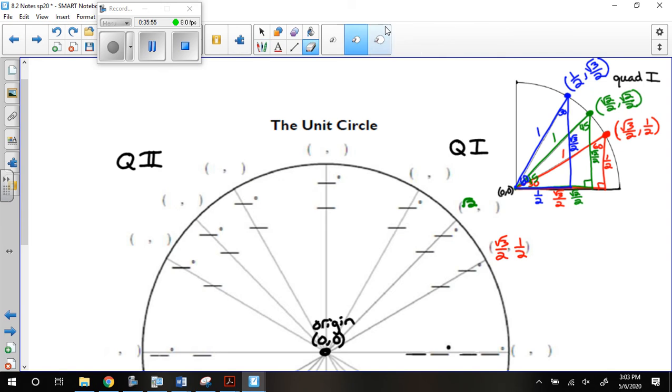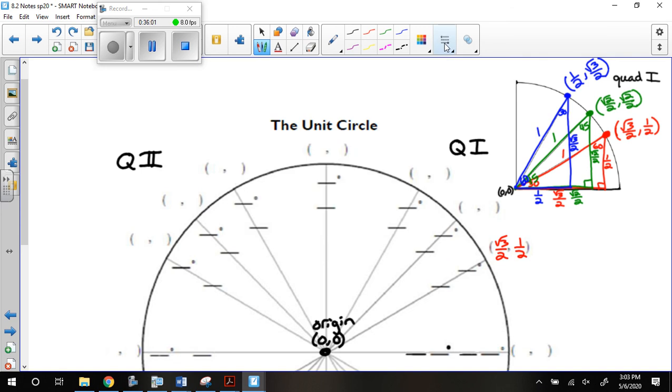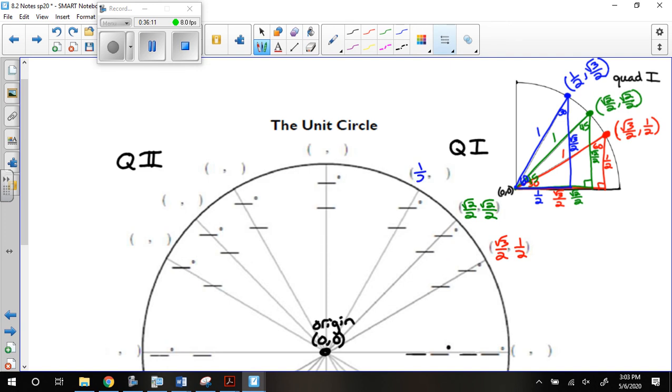Every time I change a color, apparently, I have to click on the skinny pen. Okay. This is not going to be fun. Square root of 2 over 2, square root of 2 over 2, and then skinny pen, 1/2, square root of 3 over 2. Okay. So that's those 3 ordered pairs.